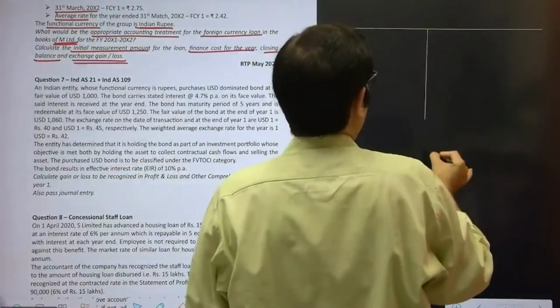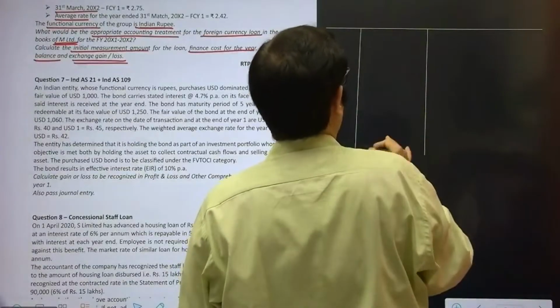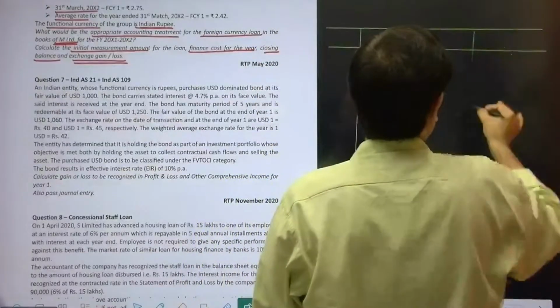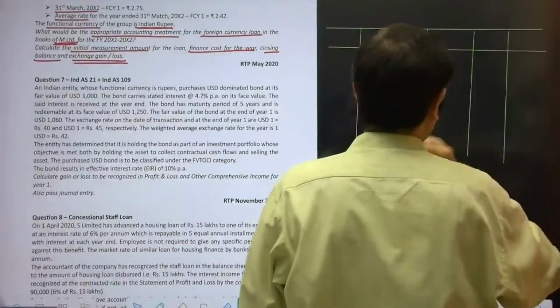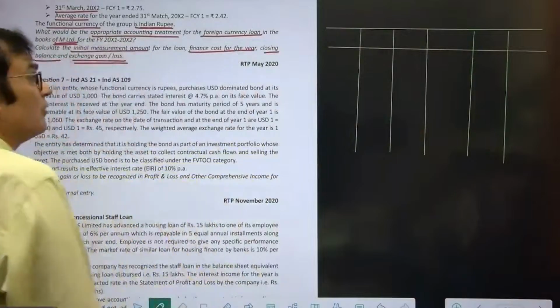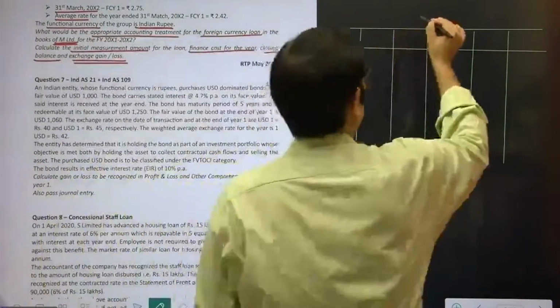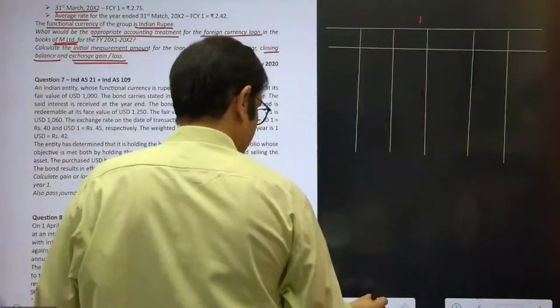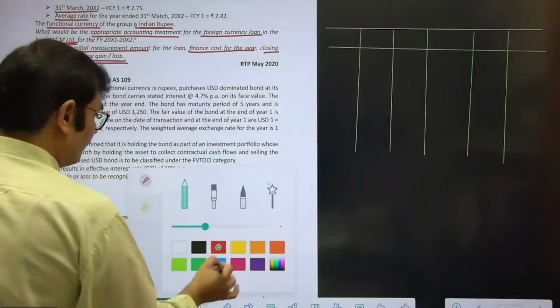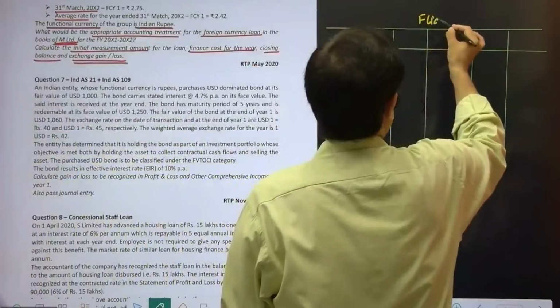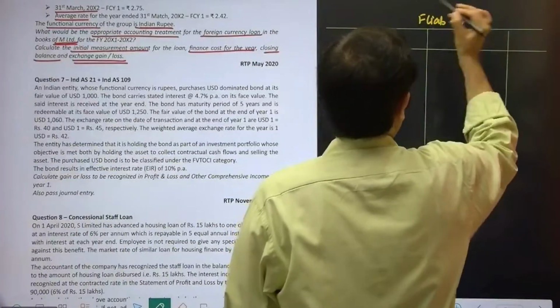So what I'm going to do in the ledger account, I'm going to create 2 columns. For the amount, I'm going to create a total of 2 columns, 1 column in foreign currency and 1 column for the functional currency. So this is my financial liability ledger, which we are preparing at amortized cost.